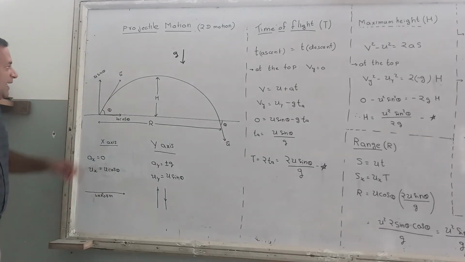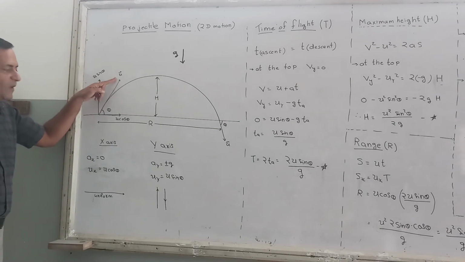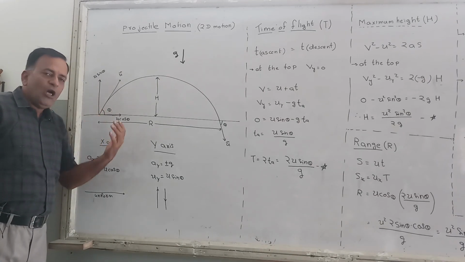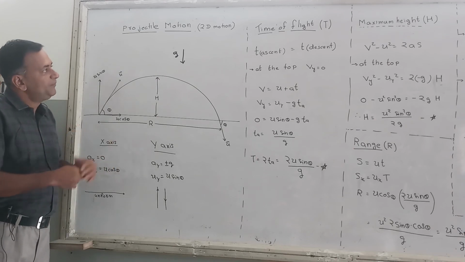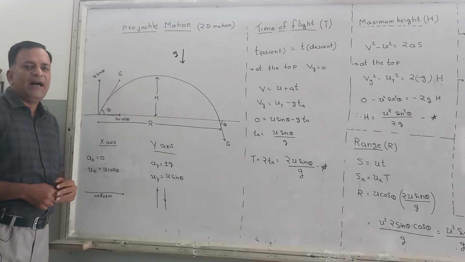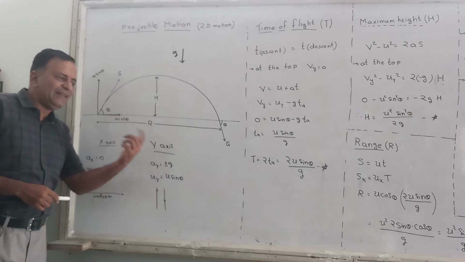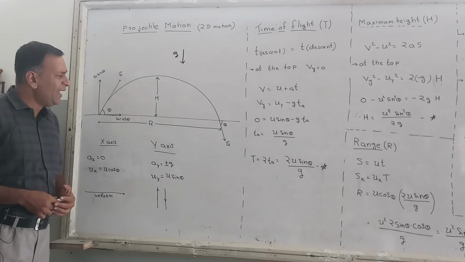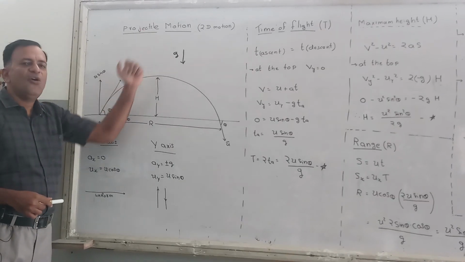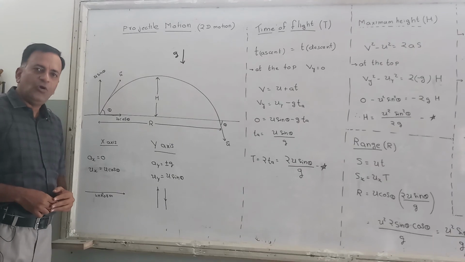Okay, the initial velocity u and this angle theta, because I want to divide this motion into two different parts, into two different paths. One is along the x-axis, the other is along the y-axis.